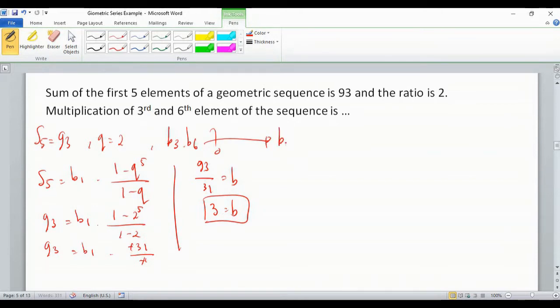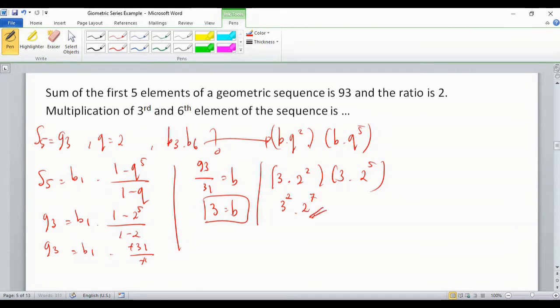B3 is equal to B1 times k squared, and B6 is B1 times k to the power 5, everyone. So we have B1 is 3 times 2 to the power 2 and then 3 times 2 to the power 5. Okay, using the exponents, 3 squared times 2 to the power 7. This is enough. If you want to continue, it's okay.